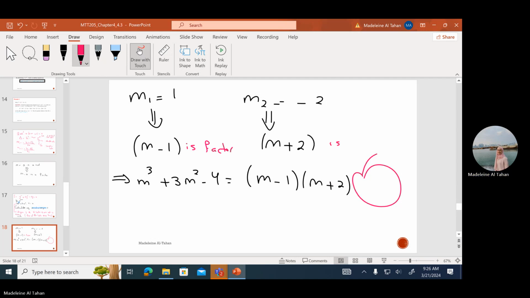And this one that is here, it should be either m minus 1 or m plus 2, right, miss? m plus 2, you got it, okay. So it should be either m minus 1 or m plus 2.